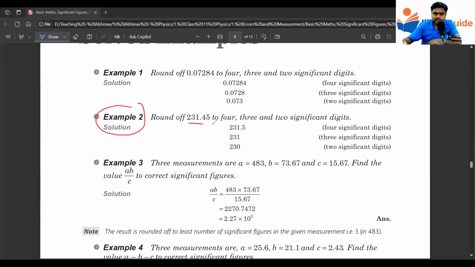Example. Round off this to 4, 3, and 2 significant digits. So for 4, this is the fourth, 4 significant digits.